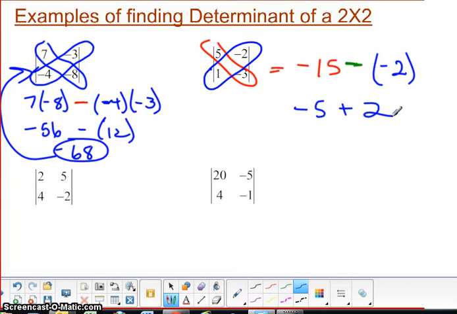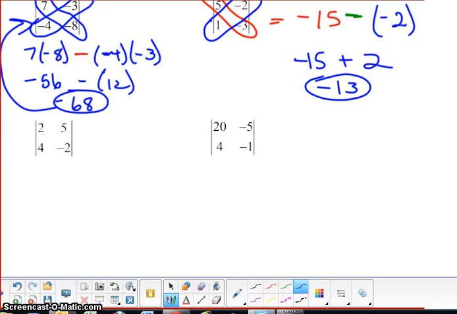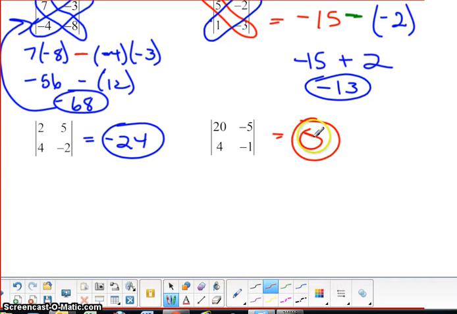And for the final answer, it would be a negative 13. Go ahead and push pause and find out the next two answers. Okay, so hopefully you got a negative 24 for the first one. And for the second one, hopefully you got 0. Those are the determinant values. If you have any questions on those, I'll answer those tomorrow in class.